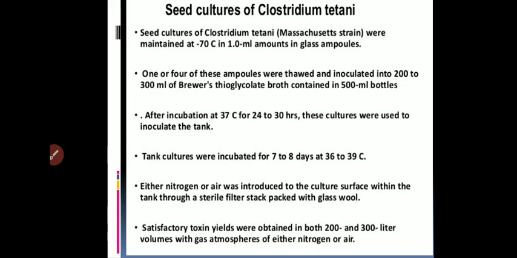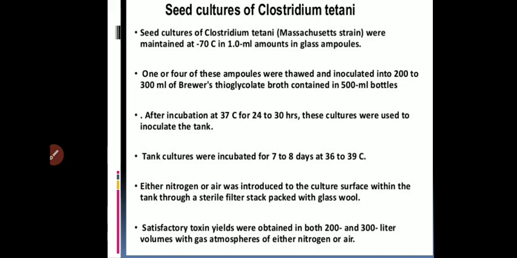For the inoculation we need to prepare a seed culture of Clostridium tetani. Seed culture means we have to prepare an inoculum development. Basically Clostridium tetani is stored or maintained at minus 70 degrees Celsius in near about 1 ml ampules. Ampules are small bottles in which the cultures are preserved.